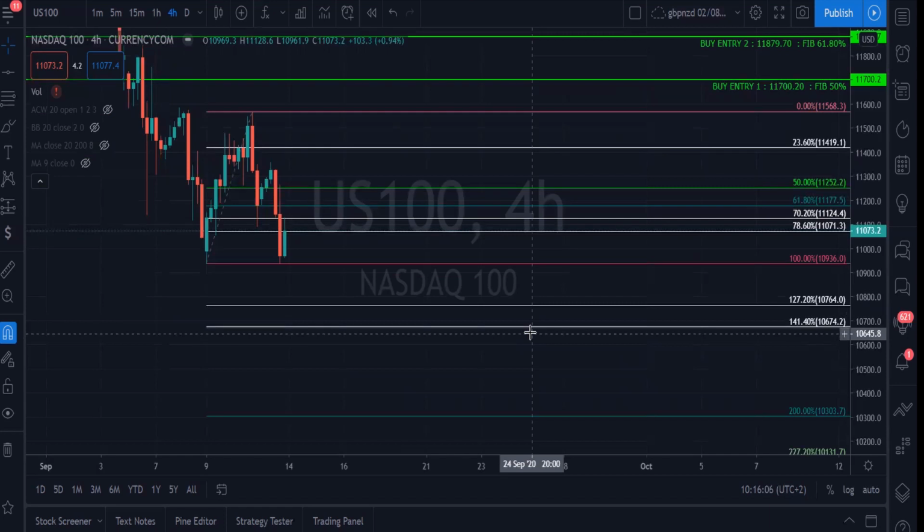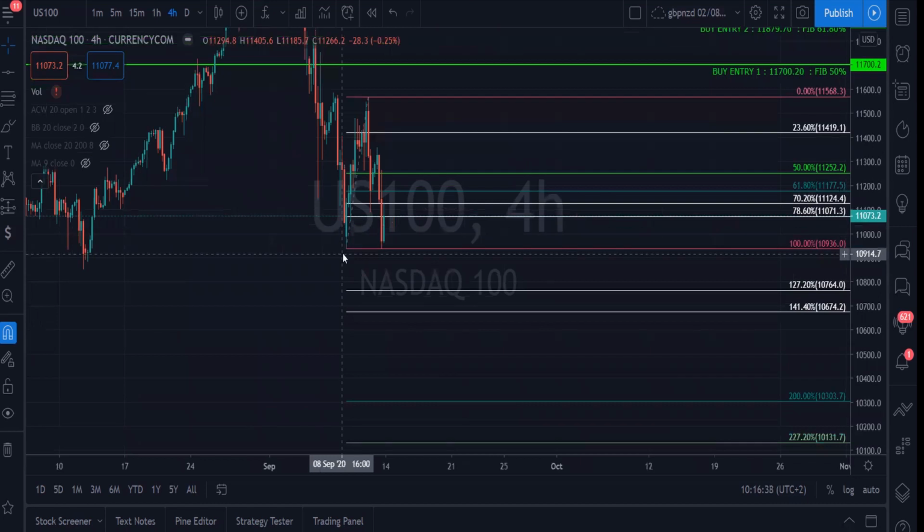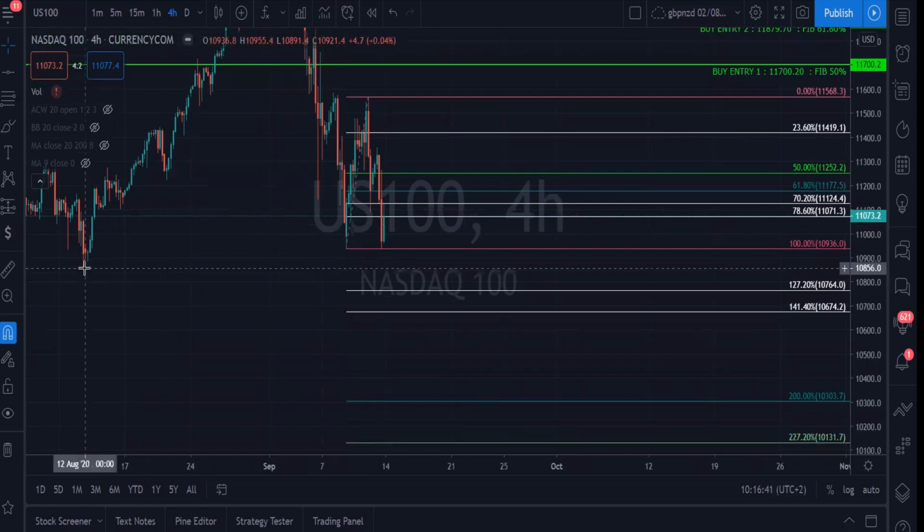So what we are saying is, if price breaks this point here, which is where it has been the lowest, the lowest on the 9th of September, the lowest 11th of August was 10,856. So the lowest we have, instead of going back, 12th of August, 11th of August, 8th of September, we have 11th of September.